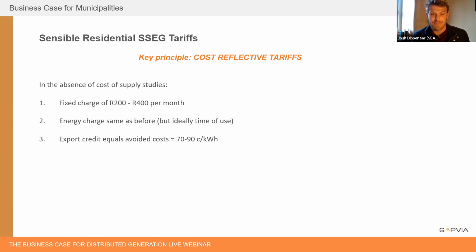Excitingly, for some, I guess, as Eskom tariffs continue to increase, this value of avoided cost goes up and up. And so the amount that municipalities should be crediting their customers for solar PV should increase too. So above 90 cents and beyond. Who knows where the ceiling of the Megaflex tariff is.